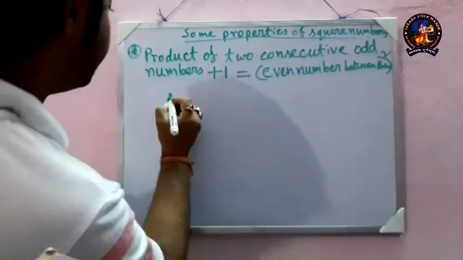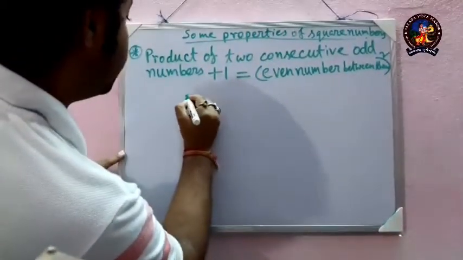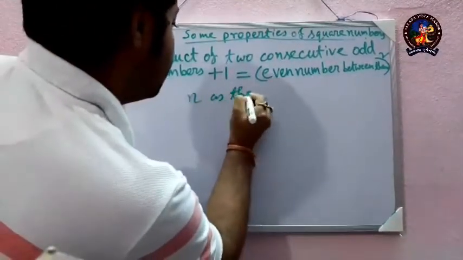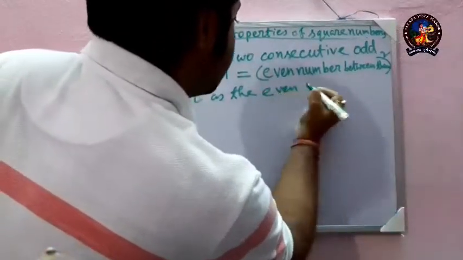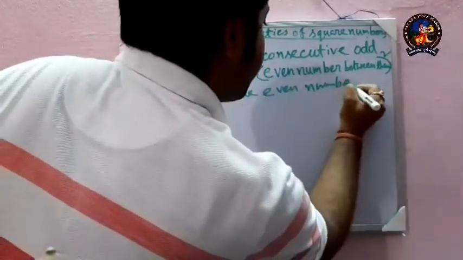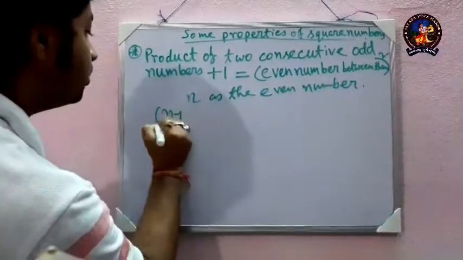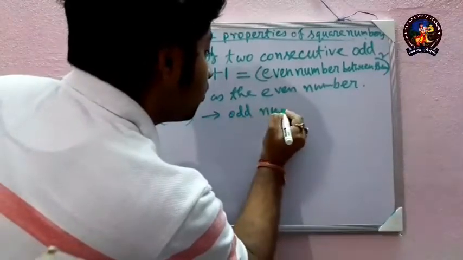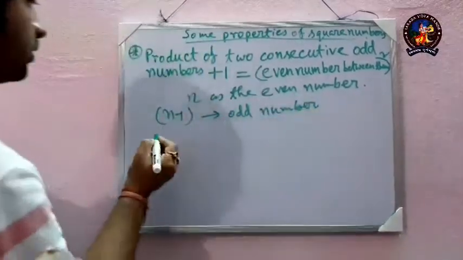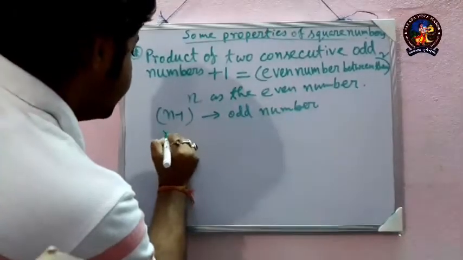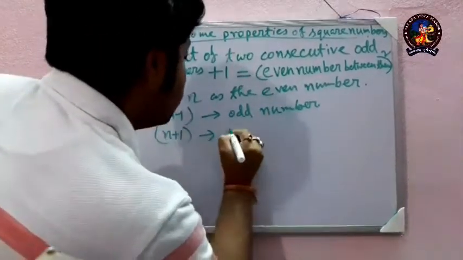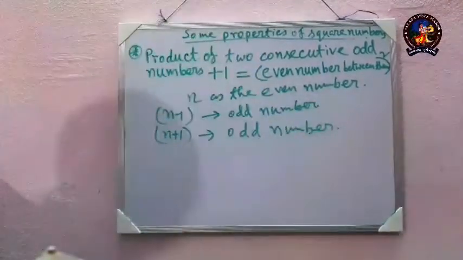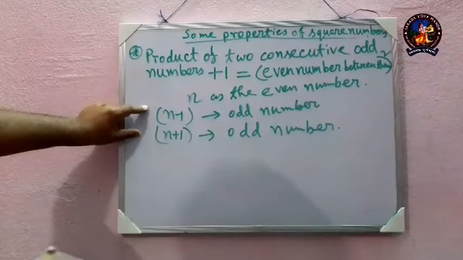That means suppose I am taking n as the even number. Then n minus 1 will be an odd number. Similarly, n plus 1 will also be an odd number, and these two odd numbers are consecutive numbers.